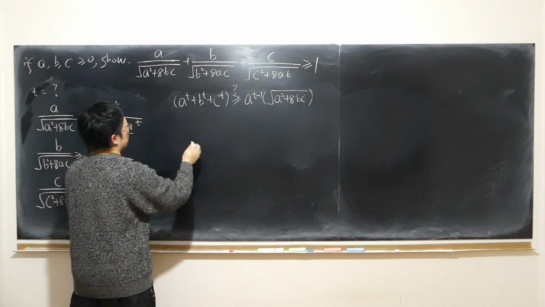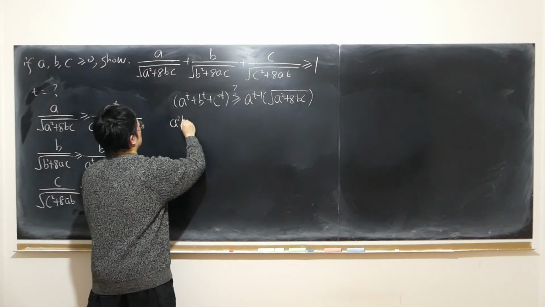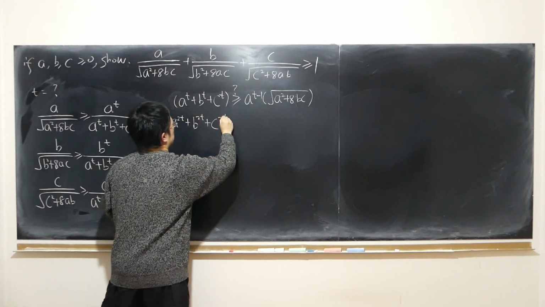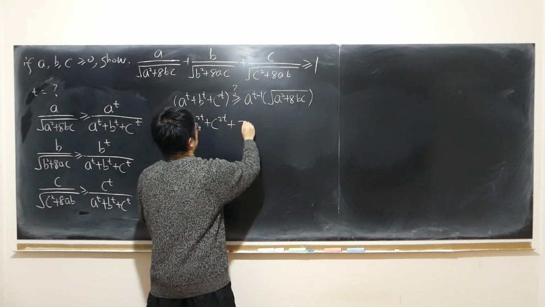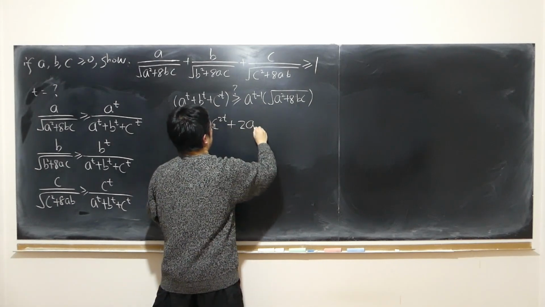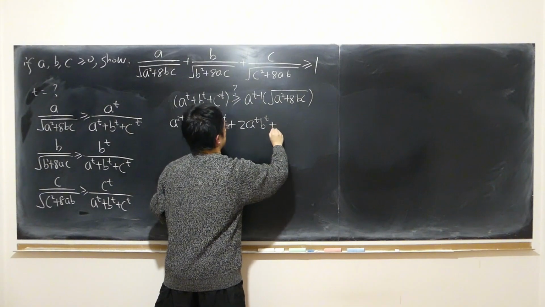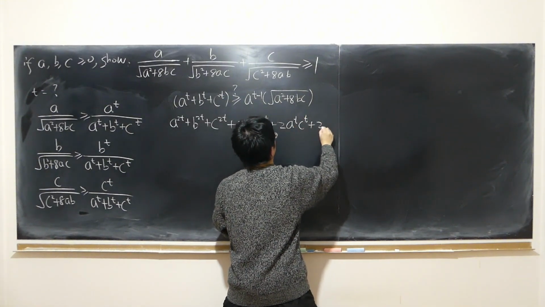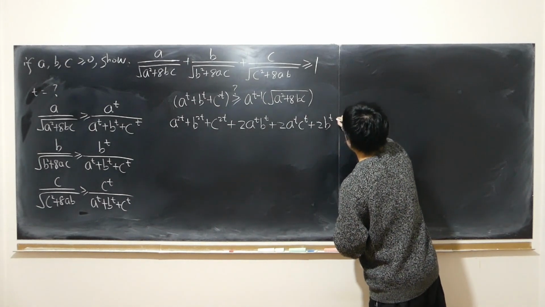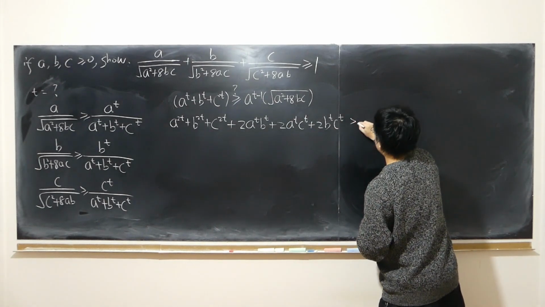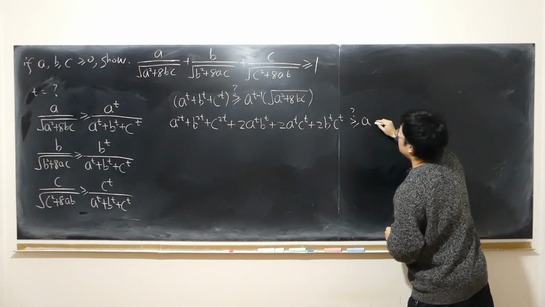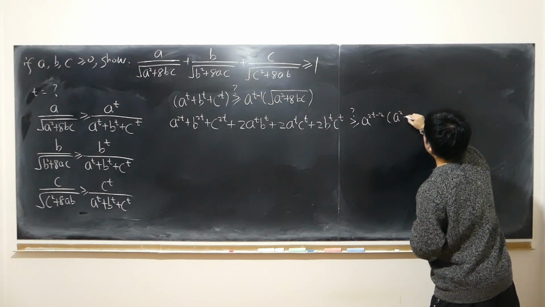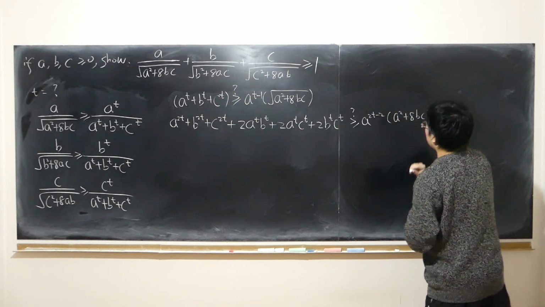Just quickly, a to the 2t plus b to the 2t plus c to the 2t, plus twice a to the t b to the t, plus 2 times a to the t c to the t, plus 2 times b to the t c to the t, is greater than or equal to a to the 2t minus 2 times a squared plus 8bc, if this is true.